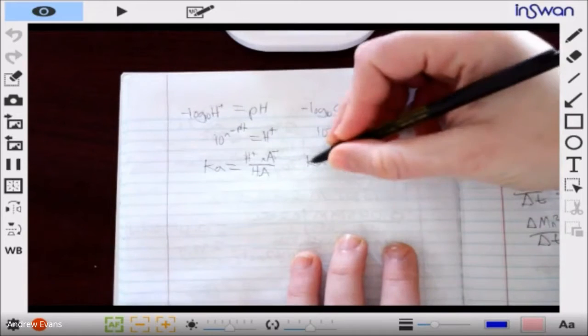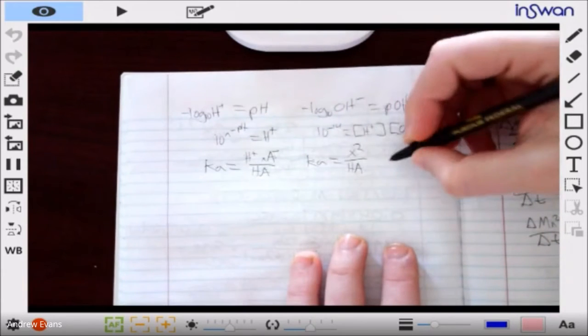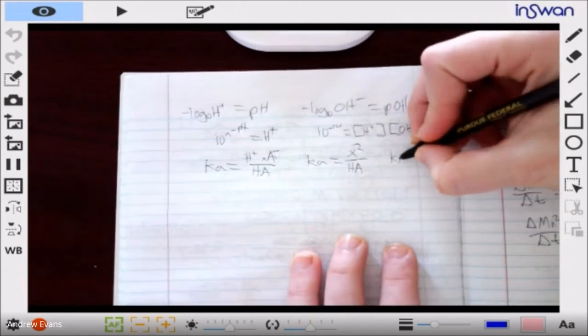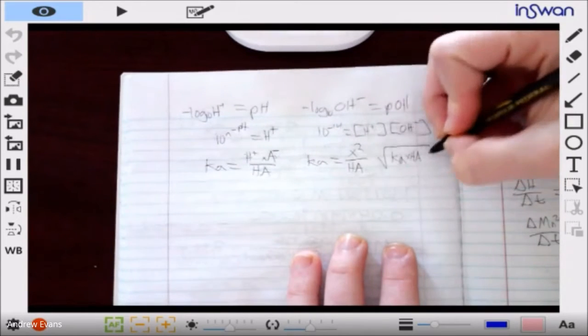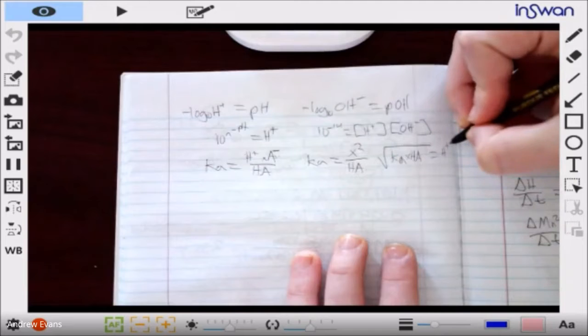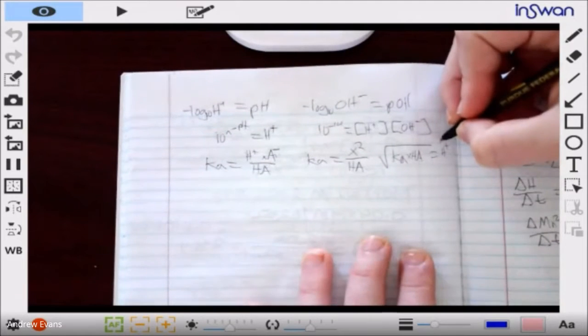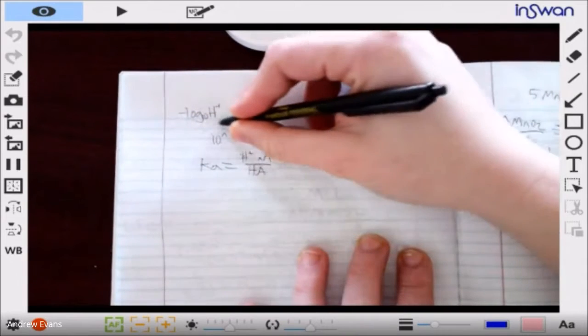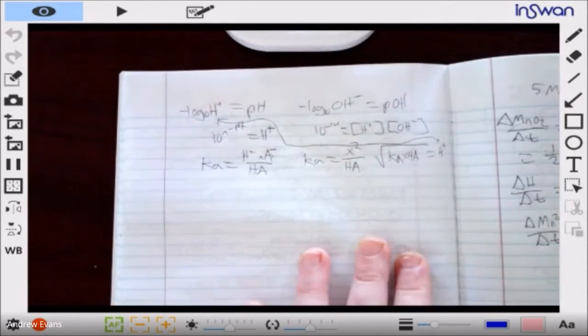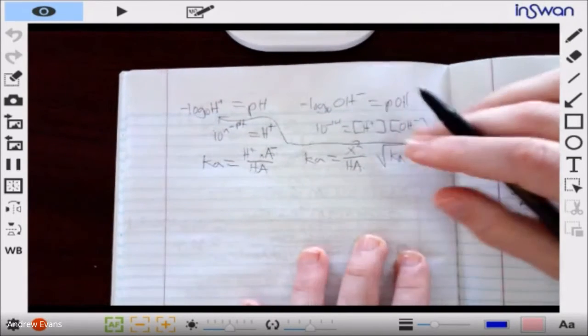Because we typically knew both Ka and HA, we could say Ka times HA, and we square rooted that to give the concentration of H plus, which could be plugged into the pH equation. So all that was last chapter.